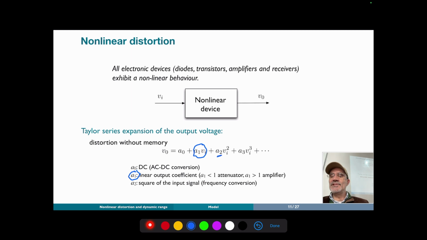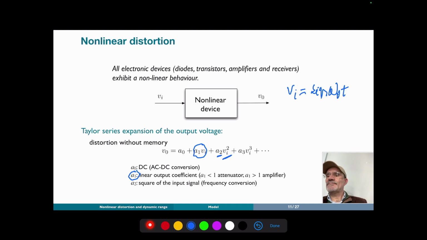The coefficient A sub 2 is the coefficient of the square of the input signal, which means that in this case there's some kind of frequency conversion. If we have a signal Vi, which is V0 times the sine of omega 0 t, for example, right?